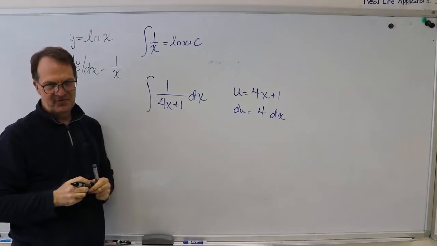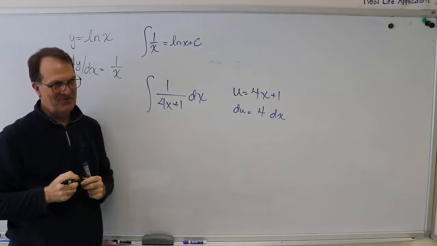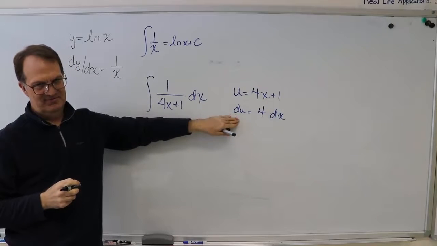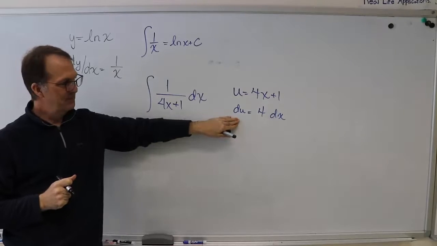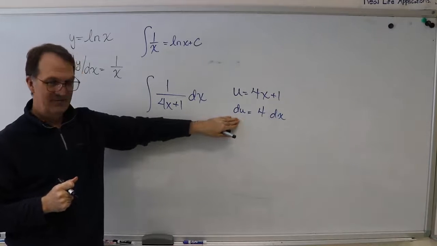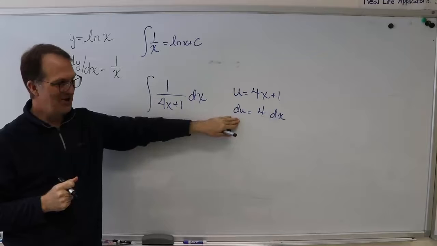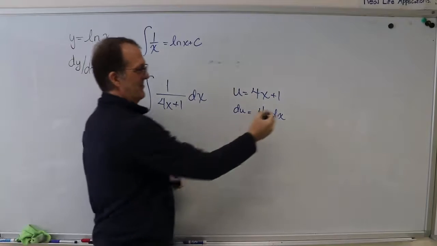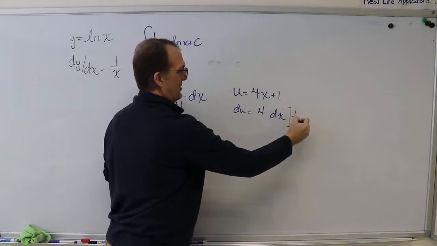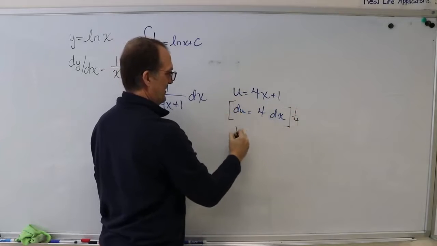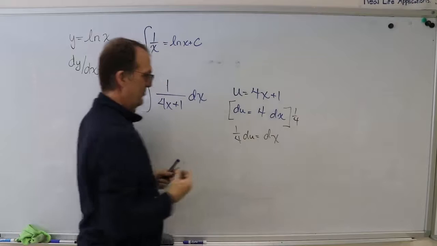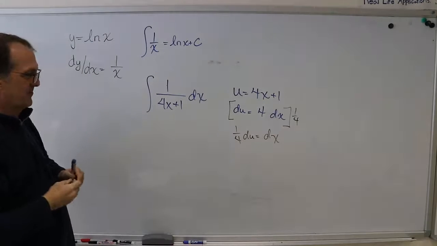And I'm tired of just hearing my own voice. What do I do to make this work? How do I fix it? Yep, somebody shout out. Yeah. So 1/4. So I have 1/4. Multiply by 1/4.